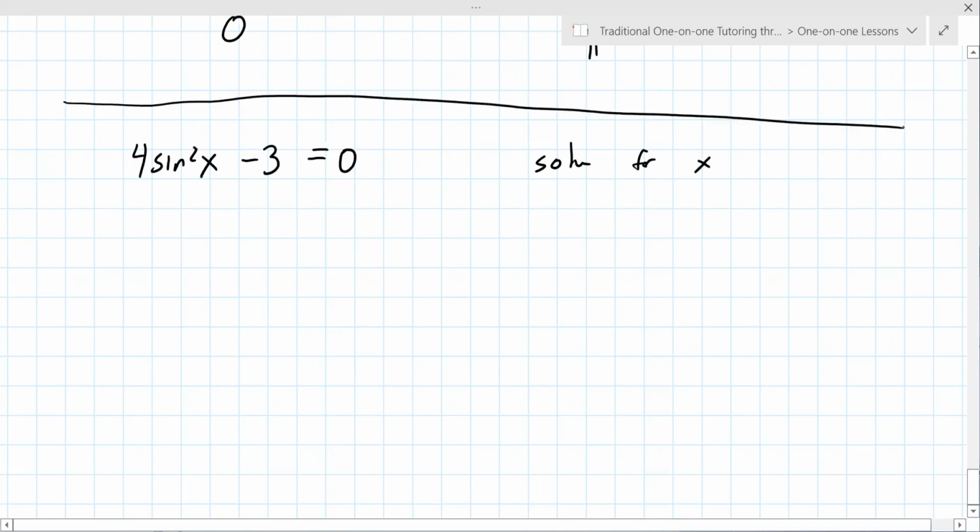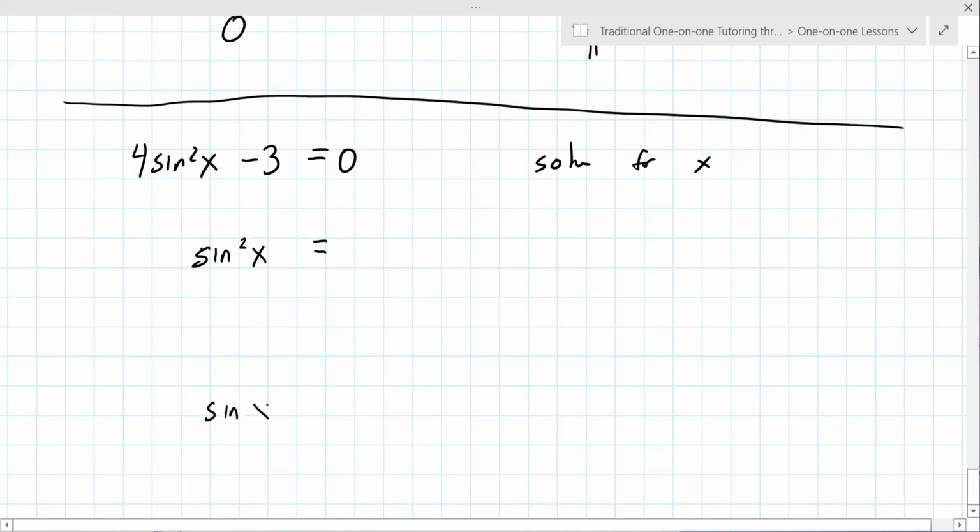What does sine squared x equal? I got square root of 3.